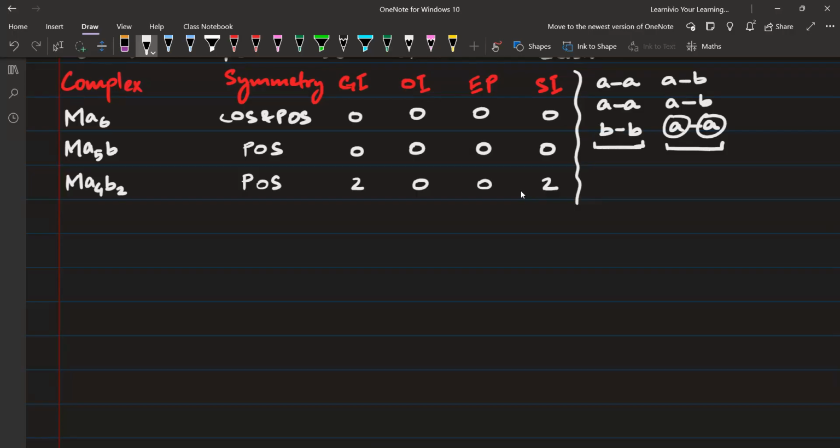Yes, sir. Next case is M A को 4 ही रहने देते हैं, and two different ligands B and C. ठीक है? तो I think this will be the case. इसके अलावा कुछ और बनेगा तो बताइए, देखिए जरा.